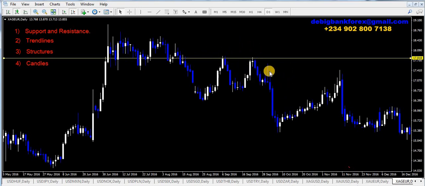So it might be smart for you to wait for a confirmation, which would have been this candle, to say, okay, the market didn't know where it was going at this point, but here the market made up its mind that it was going down, and you can see down it went. So that's how this is a doji. You can call it a spinning top if you like.